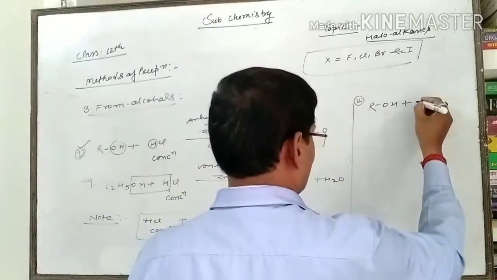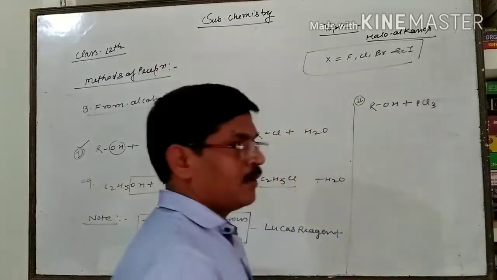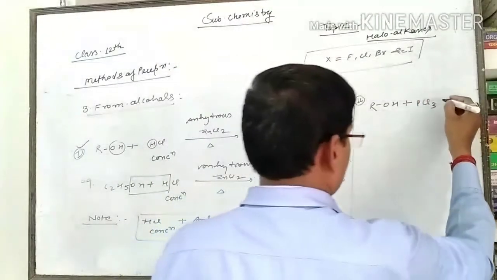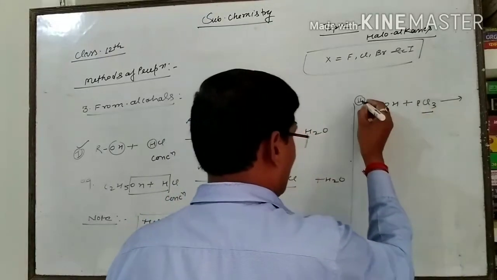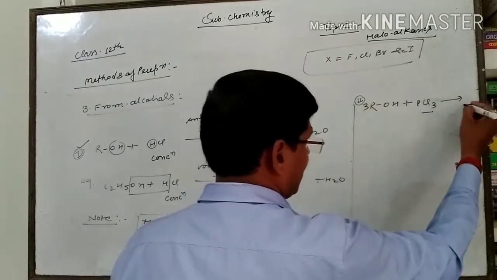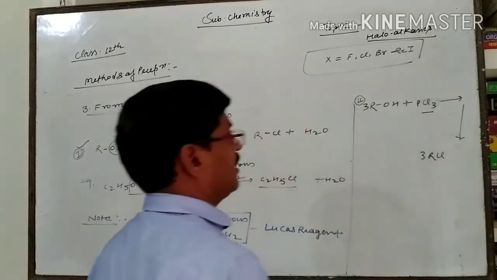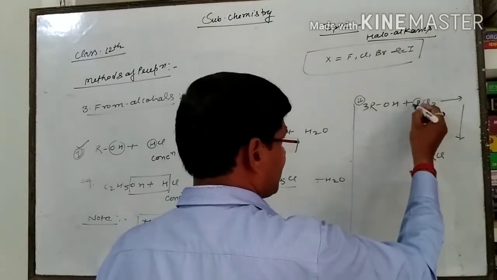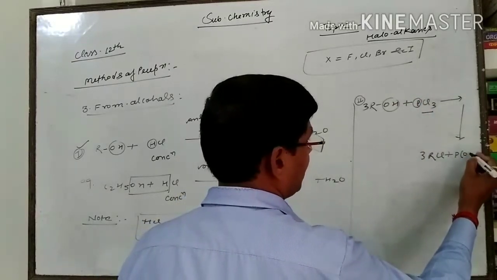So I am taking here first of all PCl3, phosphorus trichloride. As all of you are seeing here, I am having 3 Cl, so I have to multiply this by 3 and it will give directly 3RCl. After that remains here 1 P and 3 OH, so I can write P(OH)3.